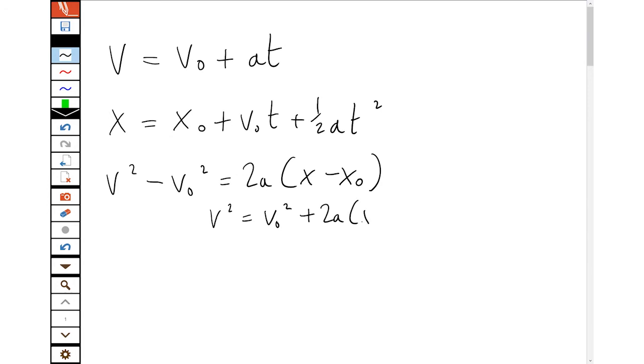You can see it's exactly the same equation, whichever you want. There's also a little sort of novelty one. Because the acceleration is constant, you can say that the average velocity is the new velocity plus the old over 2. That one's used a bit less, but it's on the course, so we might as well have a wee look at it. So once you have these equations, you can plug and chug to solve pretty much any problem with constant acceleration.